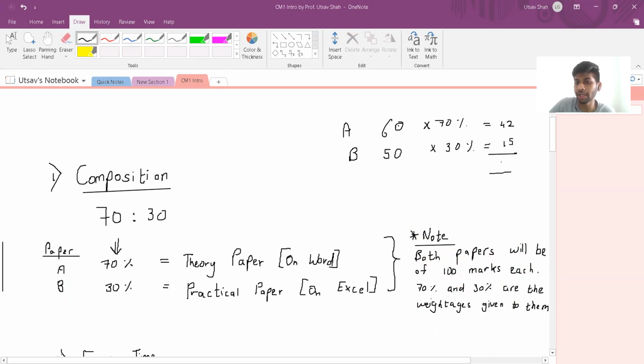So in total you'll get 57 marks. Similarly, if these figures were different, say 80 here and 70 here, it would give you 56 here and 21 here, for a total of 77. So that depends on how you score.